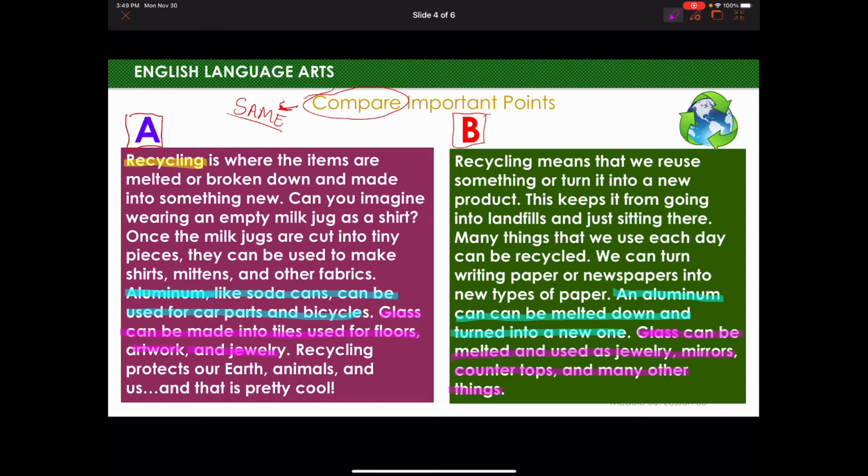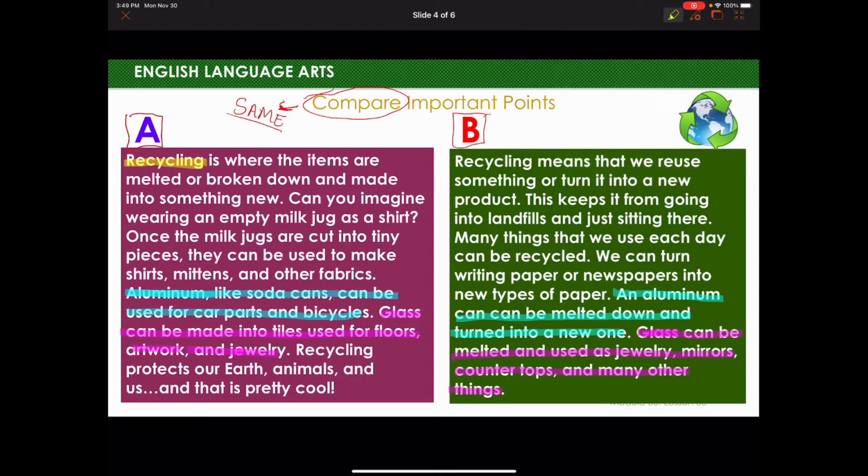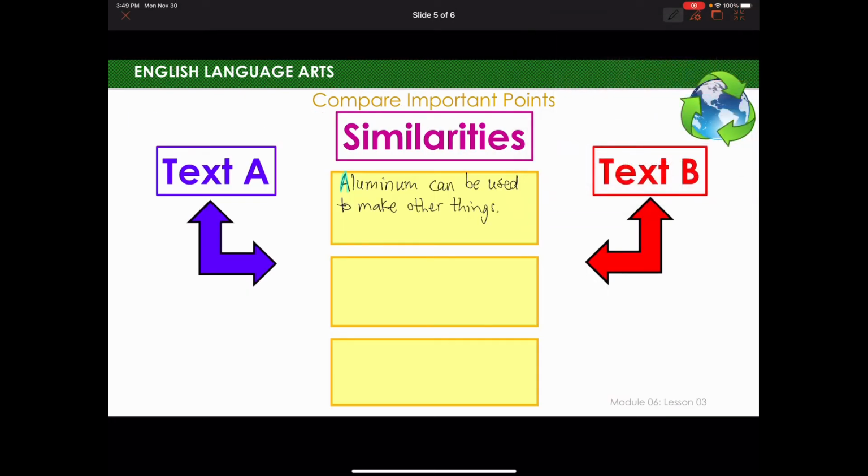So not only did they talk about glass, but both passages talked about how glass can be used to make jewelry. So let's go to our next slide and let's write that down. They both talked about how glass can be used to make jewelry.